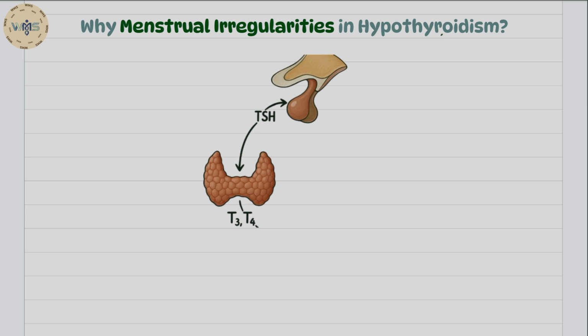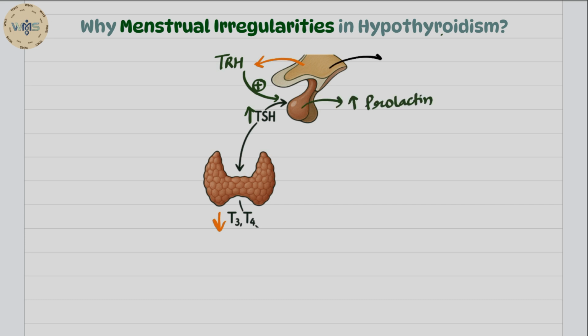In hypothyroidism, because of decreased T3 and T4, the hypothalamus senses the decreased level of thyroid hormone in the periphery and increases production of TRH. The TRH stimulates the anterior pituitary and increases the production of TSH, and also increases the production of prolactin.